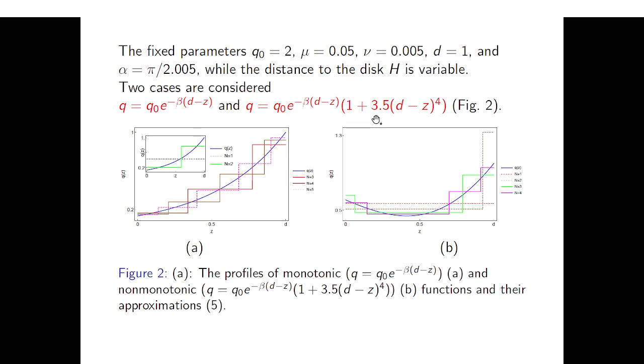The graphs of this function are depicted in figure 2, in the left and the right panels, by solid blue curves. In the figure, the stepwise approximation functions are also shown when the number of partition points is chosen from 1 to 5.